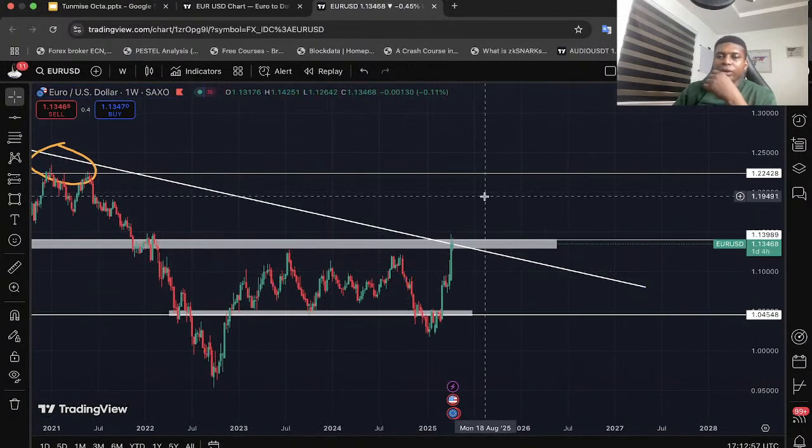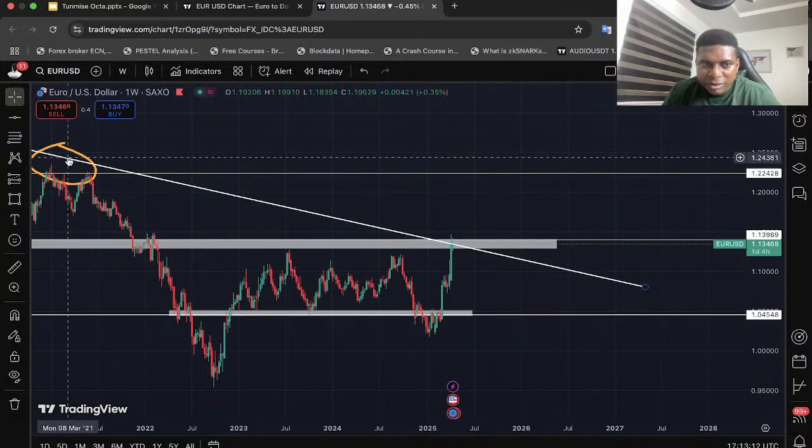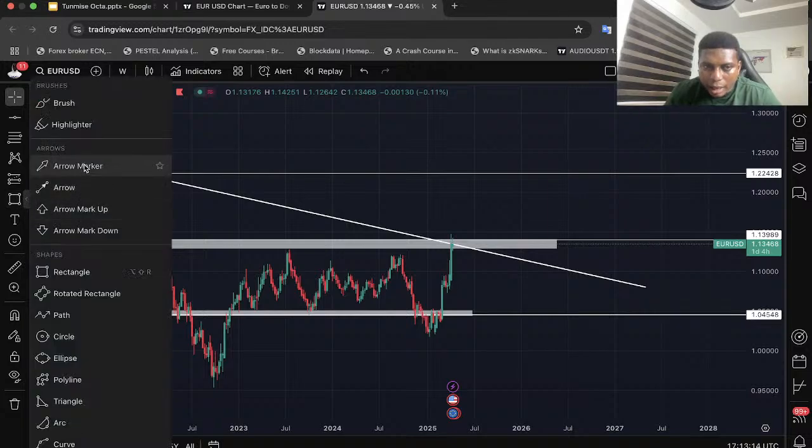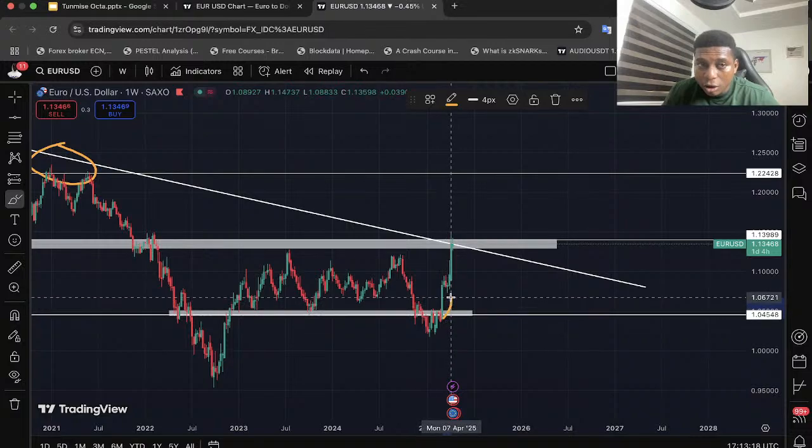Now, what do we see? What I see that is most likely going to happen at this level is based on two things that would most likely confirm and make it happen, right? One is the buying power. The buying power that we can see on the euro.